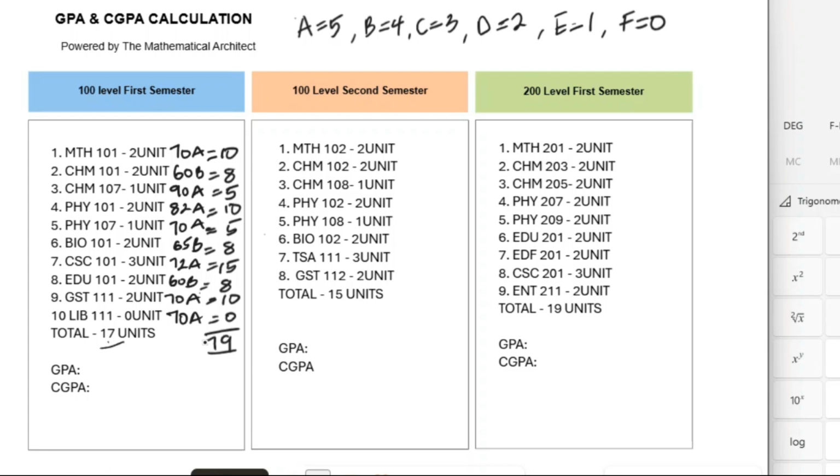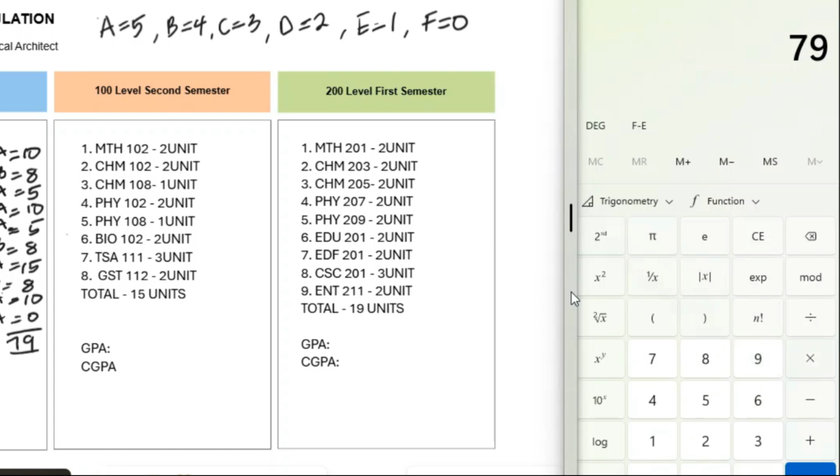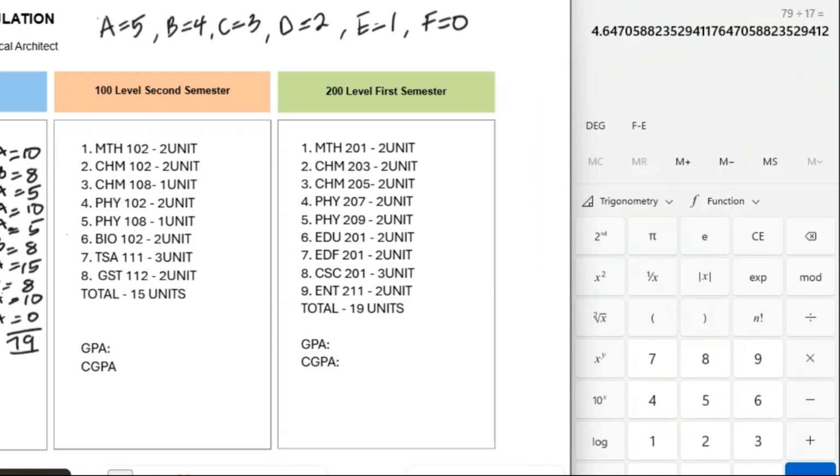79 points. So to calculate the GPA for this semester, your GPA is going to give you your total number of points, which is 79, divided by the total number of units which you have, which is 17. 79 divided by 17, that is going to give us 4.64705. So it depends on your school.